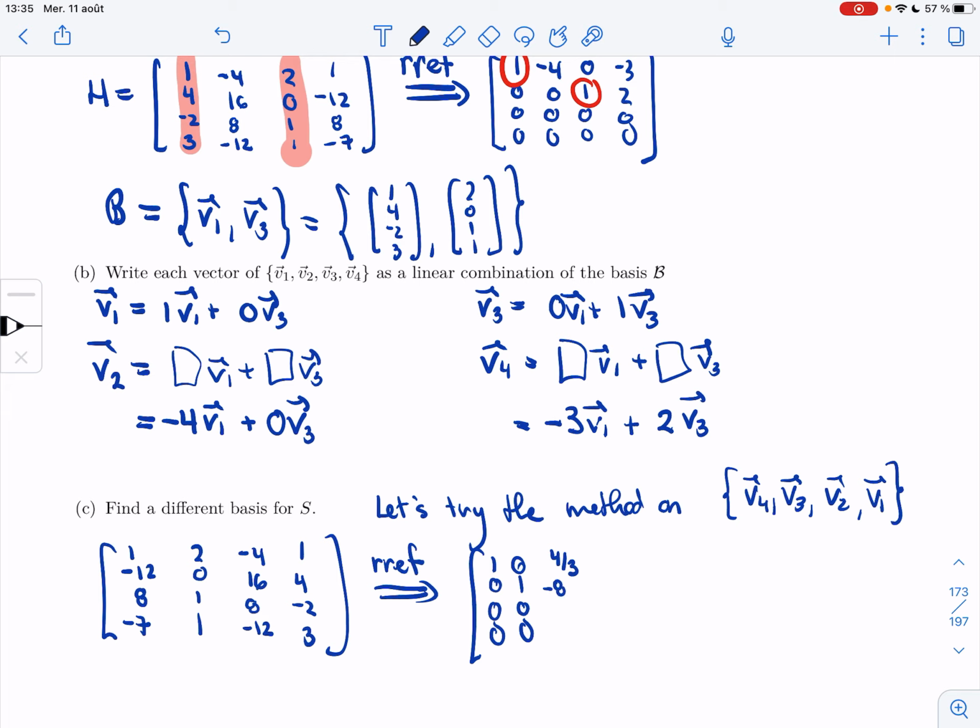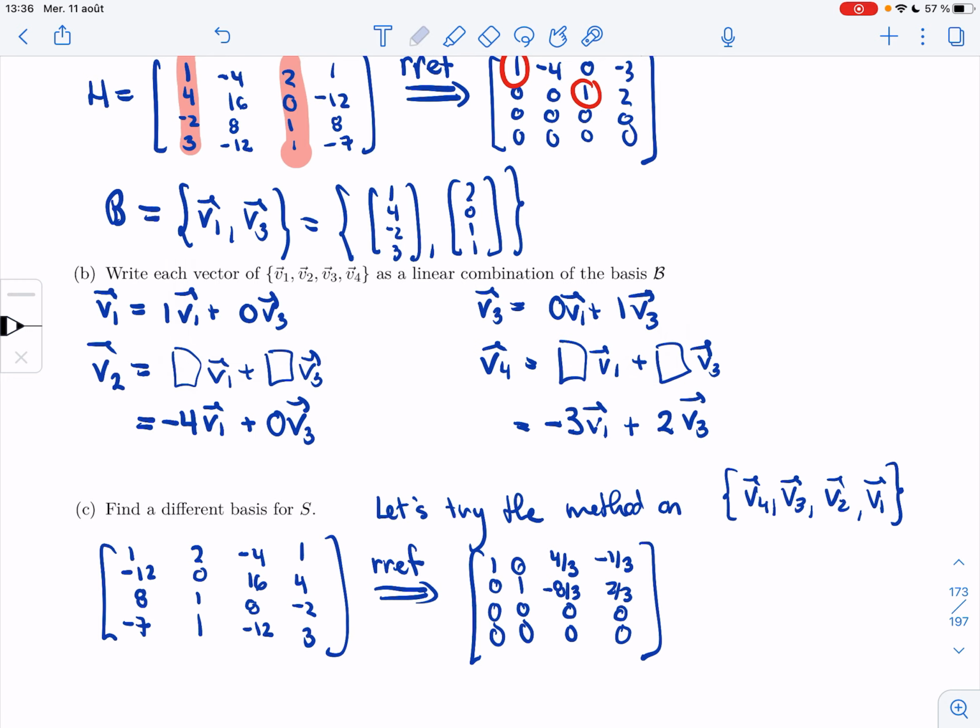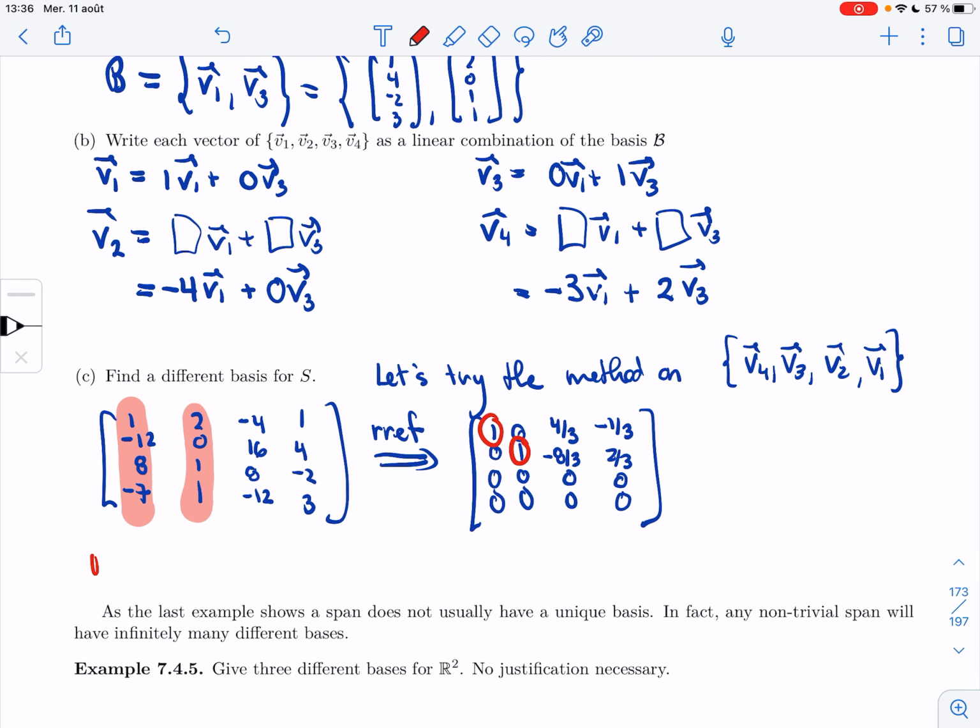When you switch the order, the row operations you're going to do are very different, because the leading ones will be somewhere else. So I get a completely different reduction, and here are my leading ones, and so in this case what I'm going to keep, my B is not going to be V1, V3, that's going to be V4, V3.